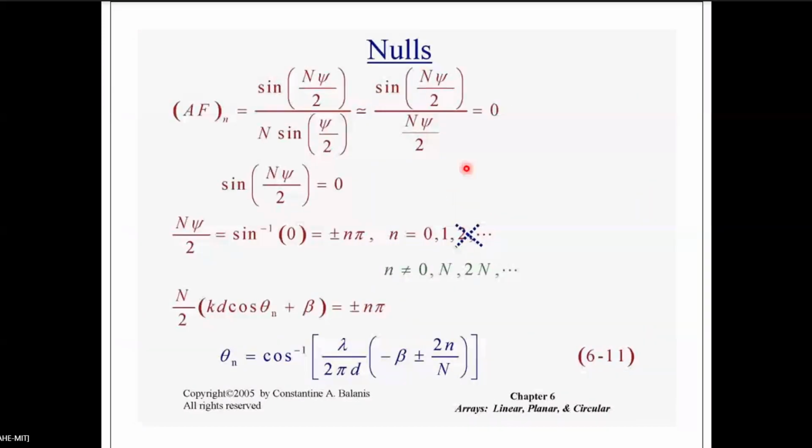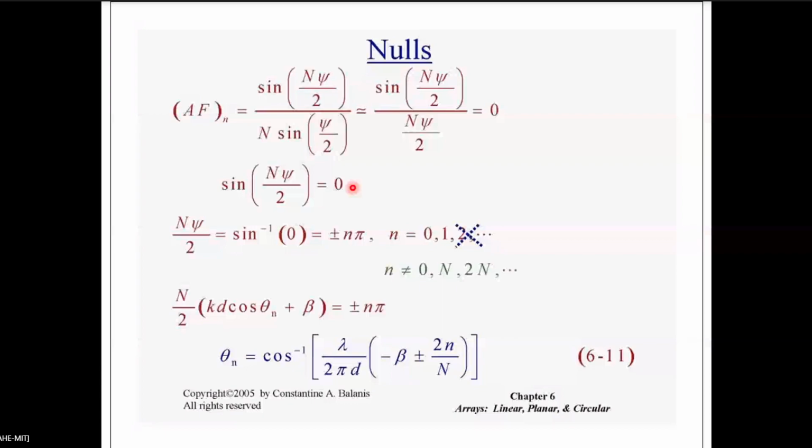Now nulls. How do we get nulls? Nulls are obtained by making the numerator 0, so sin(n psi/2) is 0. When does that happen?